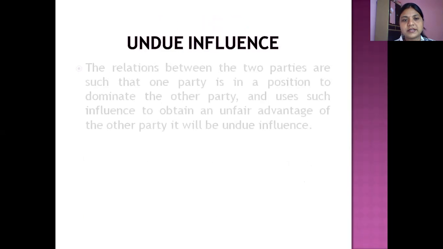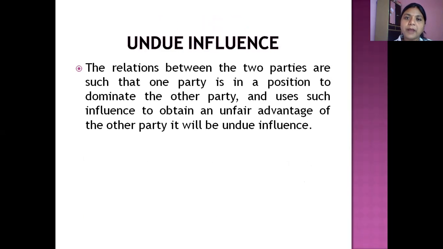Undue influence: the relationship between the parties in which one party is in a powerful, dominating position, and the other party is not so powerful and is dominated by the other party. Here, if the party in a position to dominate the will of the other takes advantage of his position, it is called undue influence.